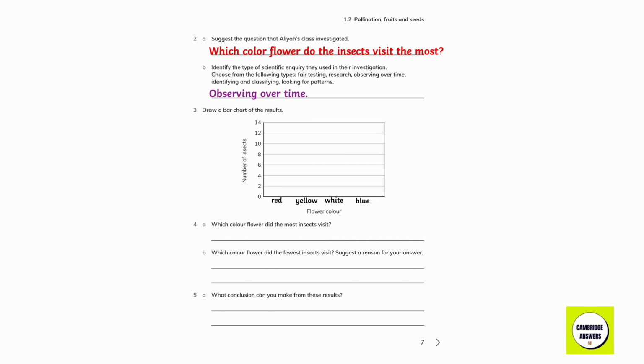The insects that visited red flowers were 3, yellow 12, white 10, and blue 6. Which color flower did the most insects visit? Yellow. Which color flower did the fewest insects visit? Suggest a reason for your answer. Red. Insects do not see red color well.